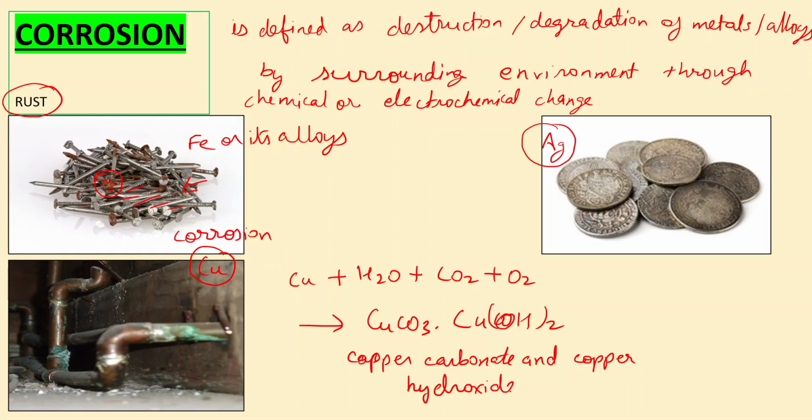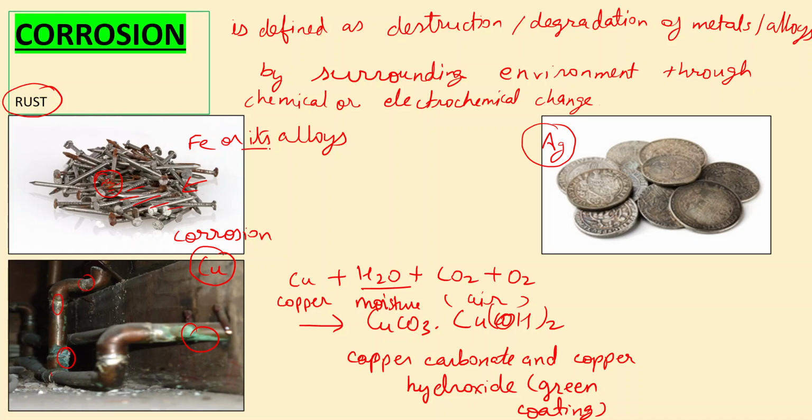So this is moisture, this is air, this is copper metal. Now what is the color of this corrosion? This is a green coating, right? This green coating you can see is degradation of metal, this is corrosion of copper.